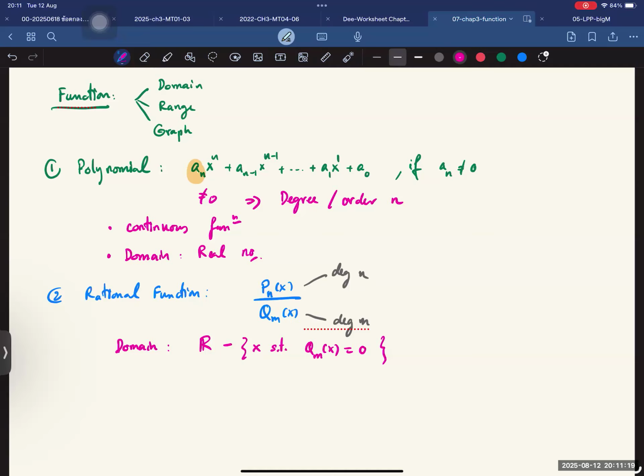So any x that makes the denominator 0 cannot be part of the domain.